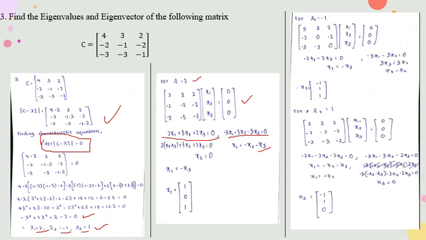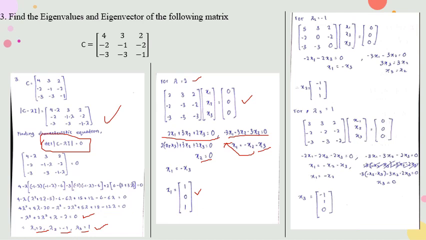After substituting this equation into the first equation, we will get that x2 is equal to 0. After that, we substitute x2 with 0, we will find that x1 is equal to negative x3. So the first eigenvector is 1, 0, 1.